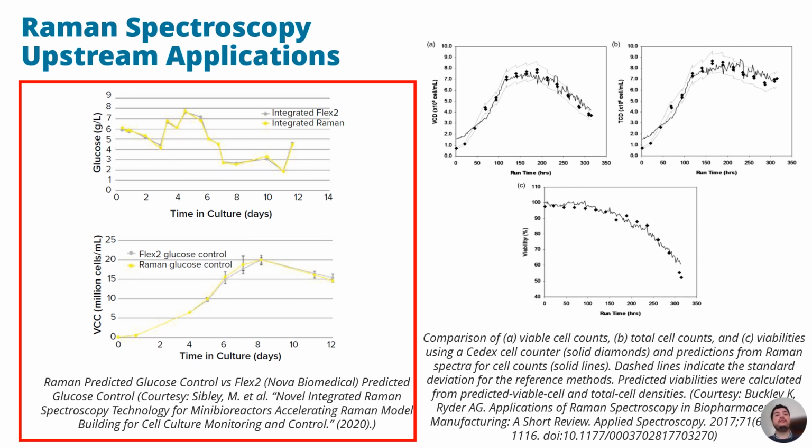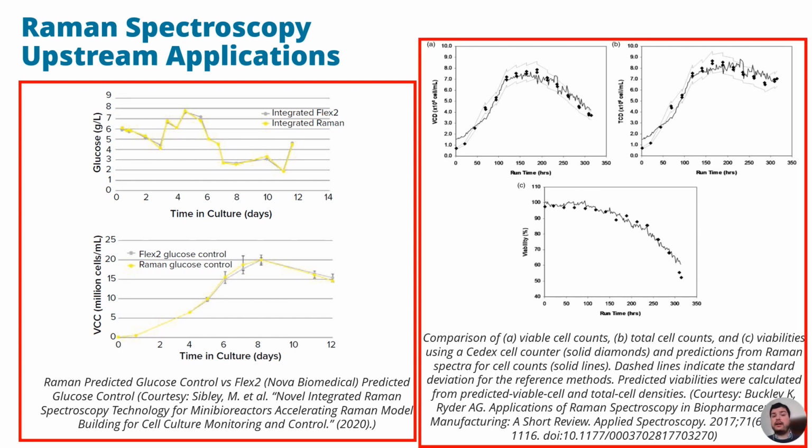In one study seen on the left, glucose measurements from a mAb-expressing cell line culture by Raman spectrum demonstrated good correlation with reference data from the Flex2 analyzer from Nova Biomedical. Raman spectrum-based predictive models for glucose controlling the cell culture displayed equivalent glucose and viable cell count profiles compared to the reference data.